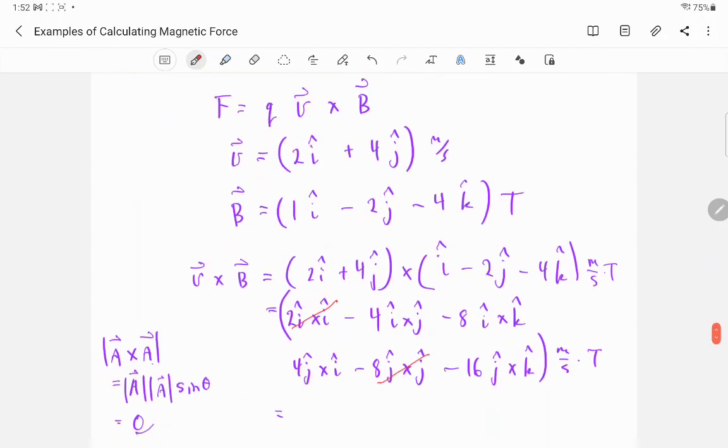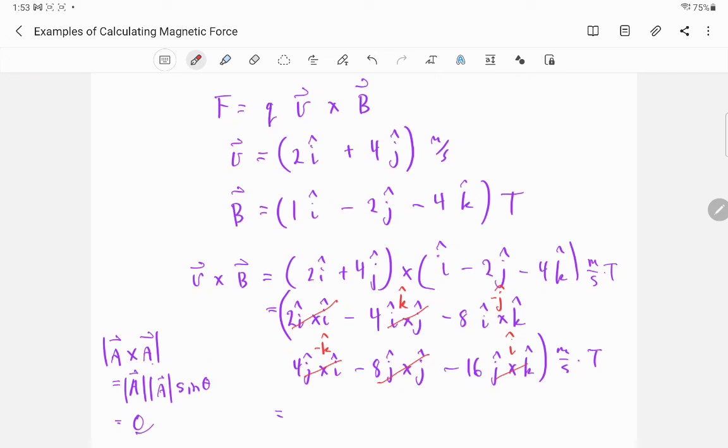So I'm going to take i cross j and understand it as k hat. i cross k is actually negative j hat. j cross i is negative k hat. And j cross k is actually positive i hat. So if you pay attention to all the signs, you see how careful I'm being.